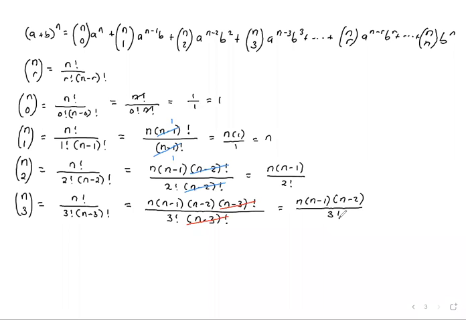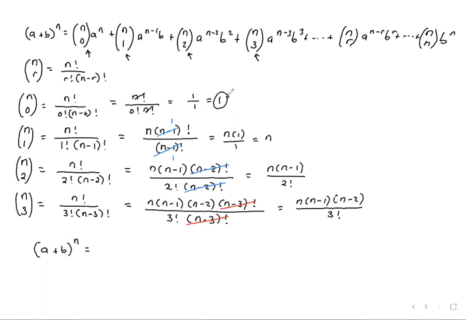So if we went back, so far we know what this is, we know what that is, and we also know what this is. So we have a plus b to the power n is equal to, where there is n choose 0, we say it is just 1.